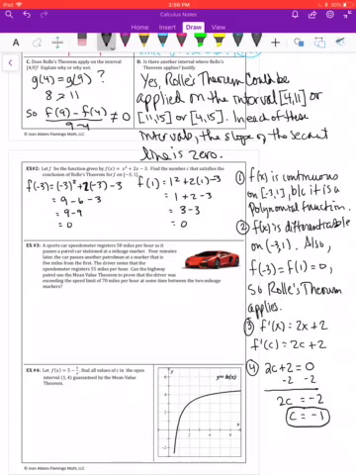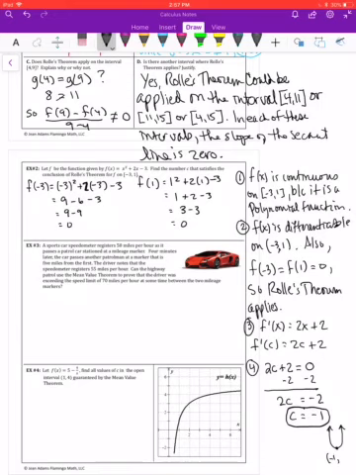Not only did we find the c such that it's equal to the slope of the secant line, since the slope of our secant line was 0, we've actually found a minimum here because it's an upward-facing parabola, because it has a positive leading coefficient. We know that this would be our minimum.